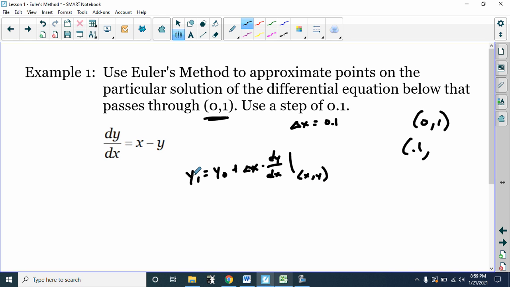So my new y value is equal to the old y value, 1, plus my step, 0.1, times the derivative at the previous point. I would just plug the previous point in here, times -1. So my new y value is 1 minus 0.1, which is 0.9.